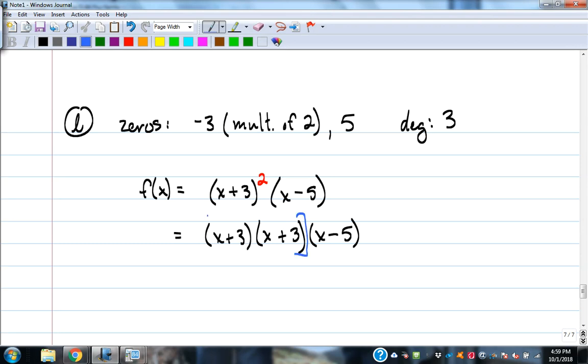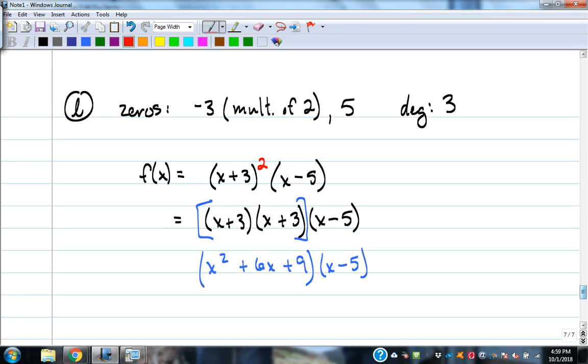So I'm going to multiply these two together, and that'll give me x squared plus 6x plus 9. Part of that is because I know when you square a binomial, how to get all the pieces. Shortcut there. Square the first piece, square the second piece, then multiply them together and double it. And then distribute the x minus 5 to that.